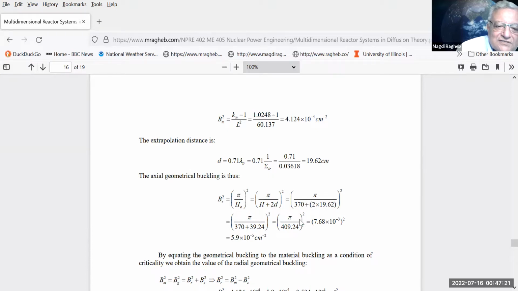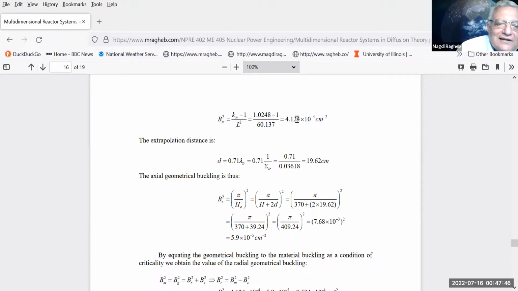We can ignore that extrapolation distance, because 20 centimeter relative to 400 centimeter, the diameter of the reactor, is basically something we can neglect. So I'll give you the same problem by neglecting that extrapolation length just to make things simpler. So that is the buckling in the z dimension. The total material buckling is 4.1.